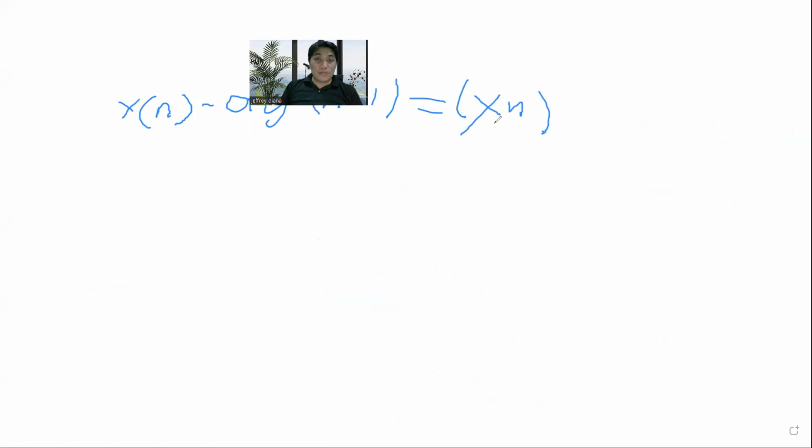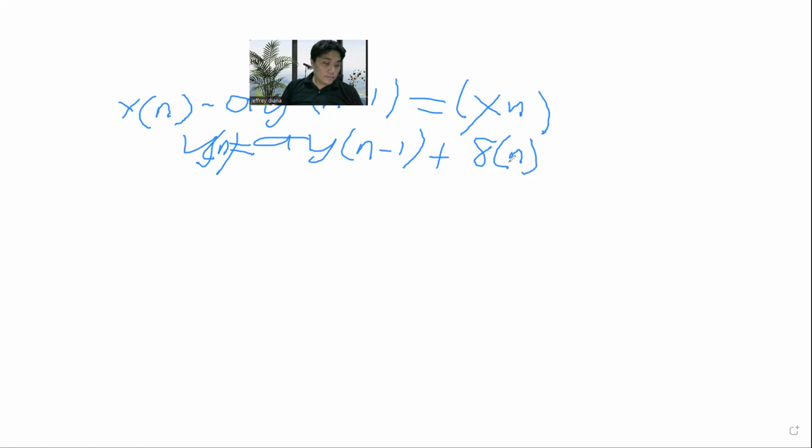So since the system is a causal system, y[n] is equal to a y[n minus 1] plus delta[n]. So let n be equal to 0.